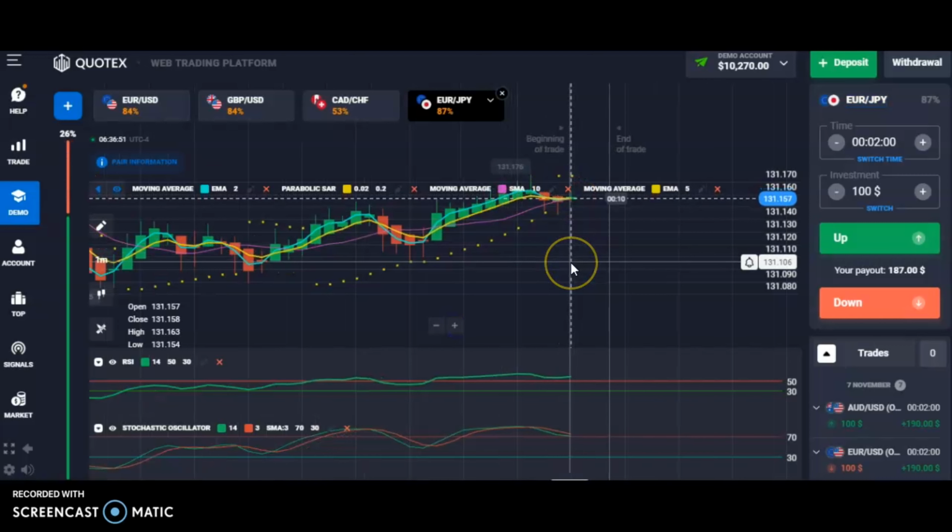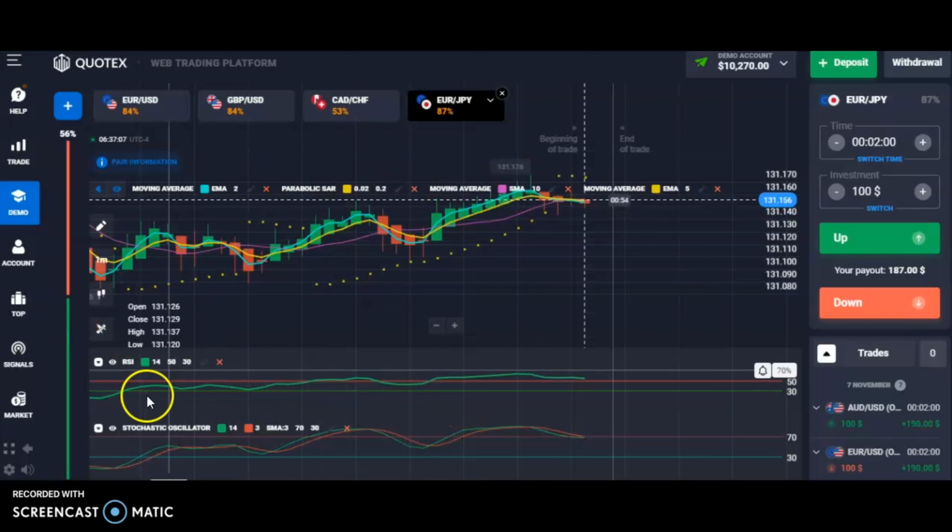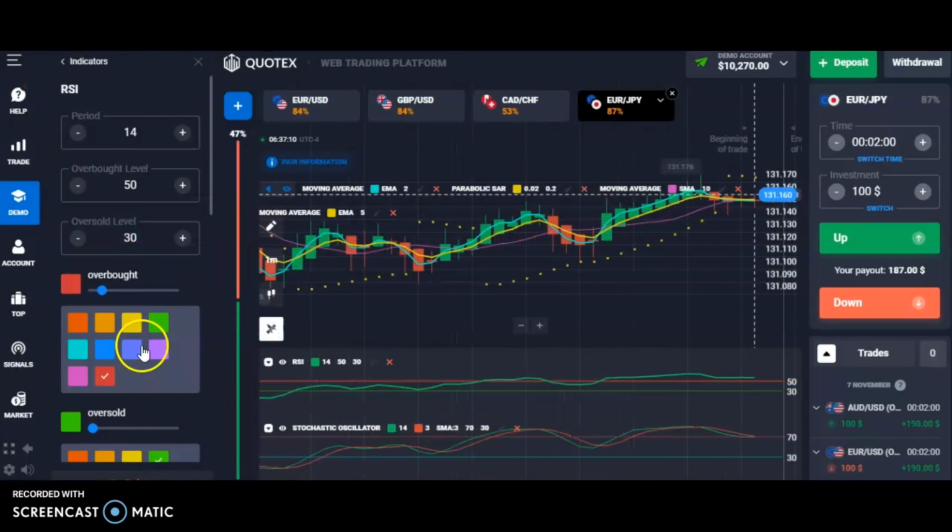And looks like it's trying to do some kind of reversal. There's still confusion going on in the market. It appears that way. The RSI settings. Green line.